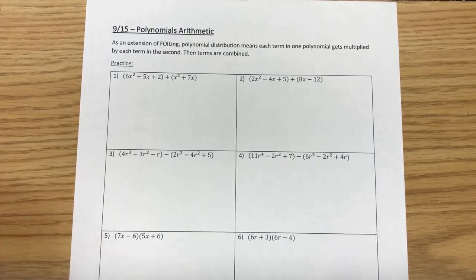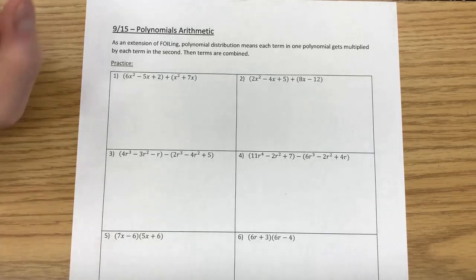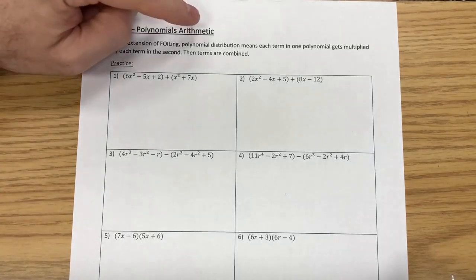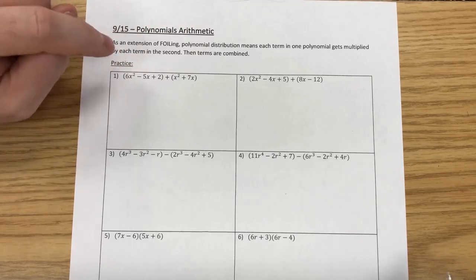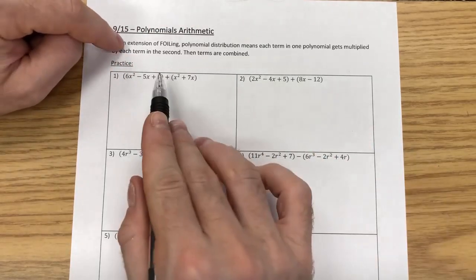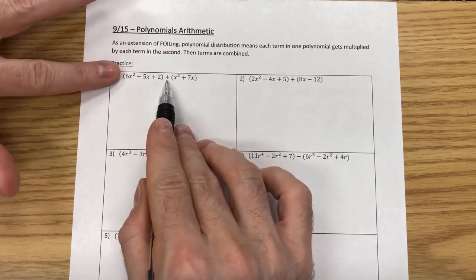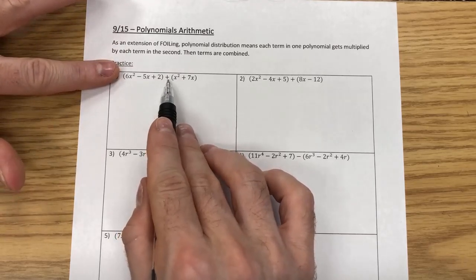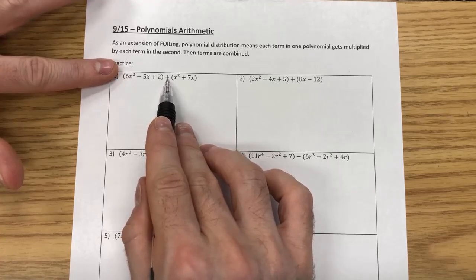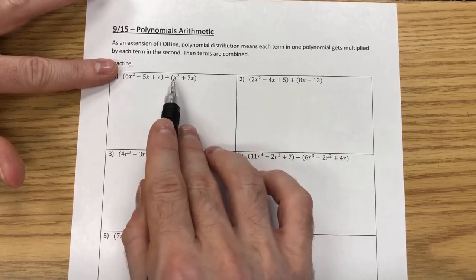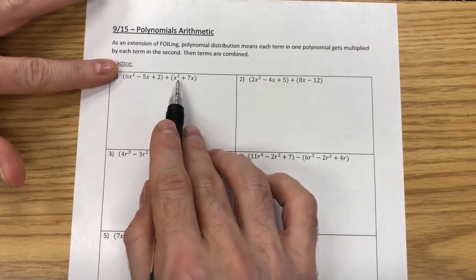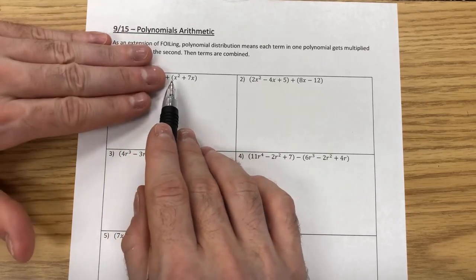So let's take a look at what's going on. Now, with polynomial distribution, we only multiply the immediate term outside. With this addition sign, that means that this term is not immediately outside the parentheses, so therefore we don't consider it.